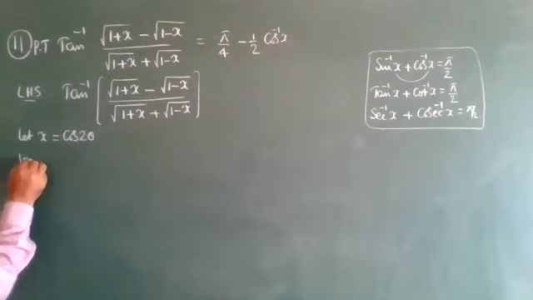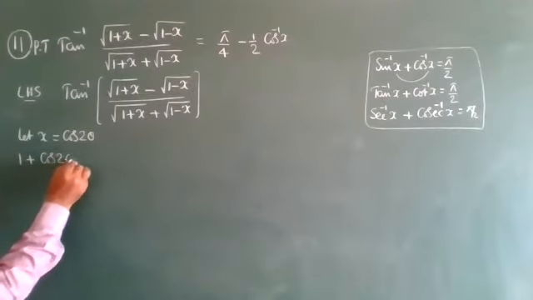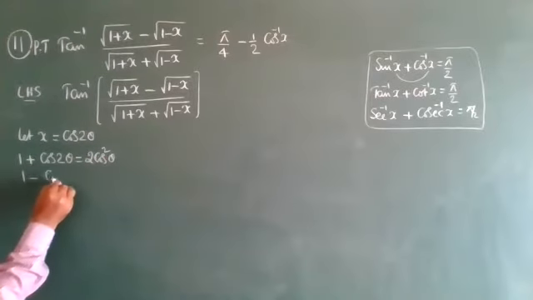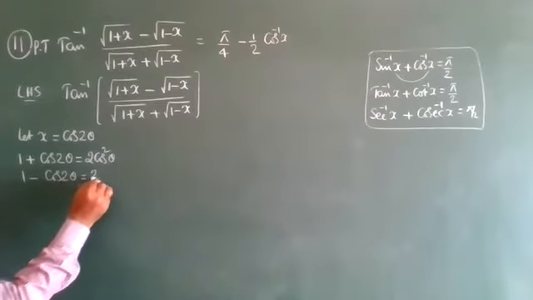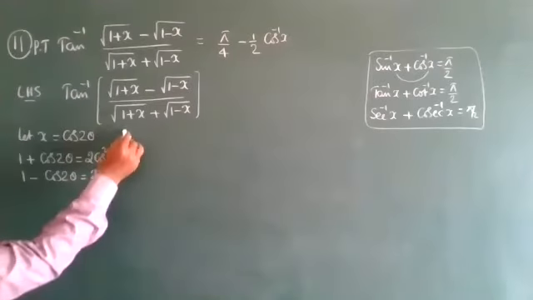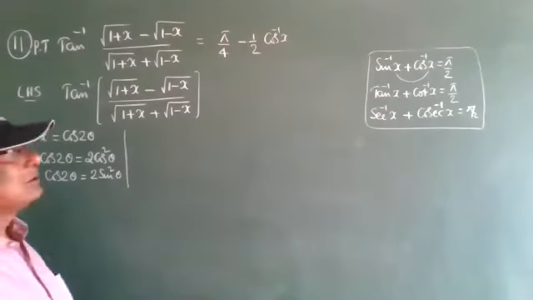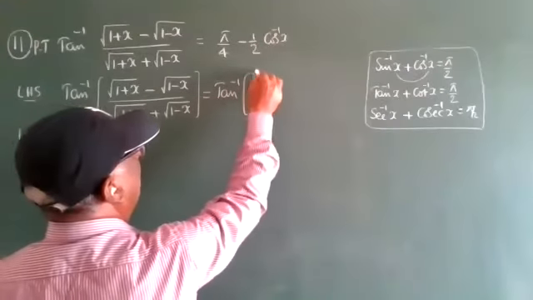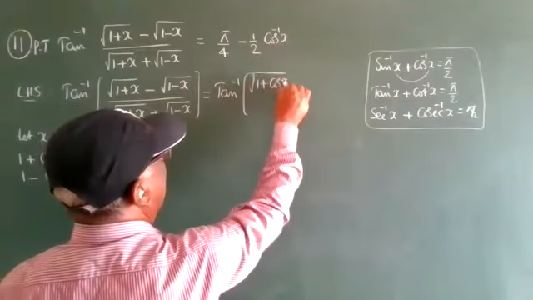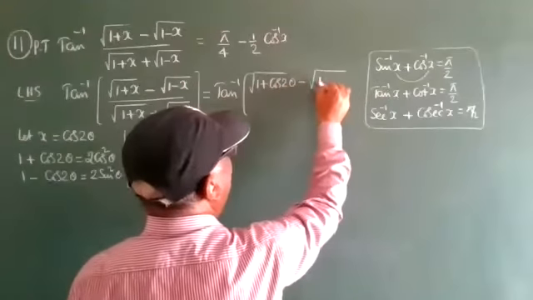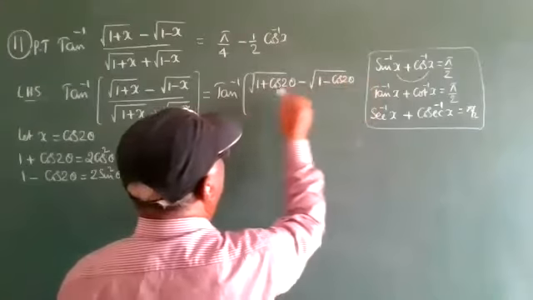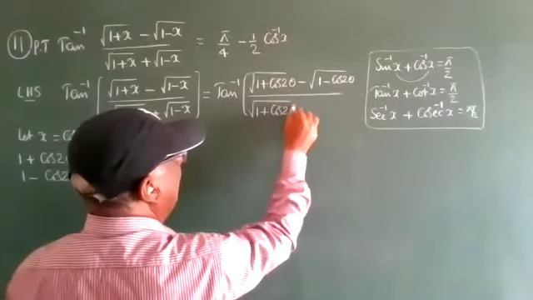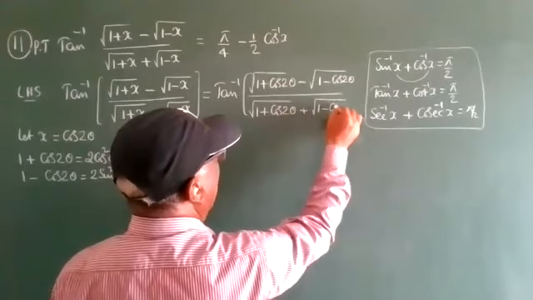Already we know that 1 plus cos 2 theta value is 2 cos square theta. We know that 1 minus cos 2 theta is 2 sin square theta. Substitute these values. So now we can write tan inverse of (root of 1 plus cos 2 theta minus root of 1 minus cos 2 theta) by (root of 1 plus cos 2 theta plus root of 1 minus cos 2 theta).